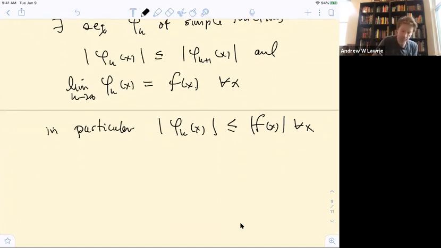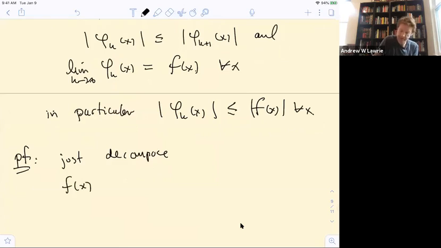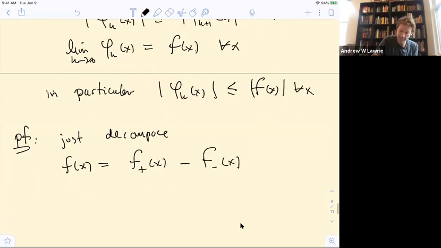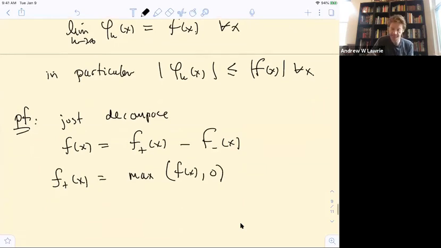And the proof is just decompose f of x into f plus x minus f minus x, where f plus x is just the positive part of f, equals the max of f of x and 0 for every x.